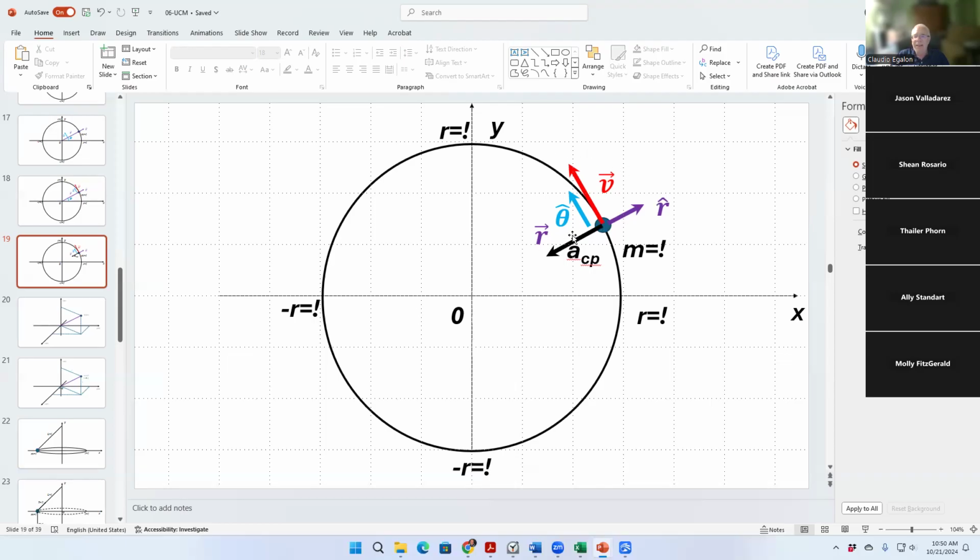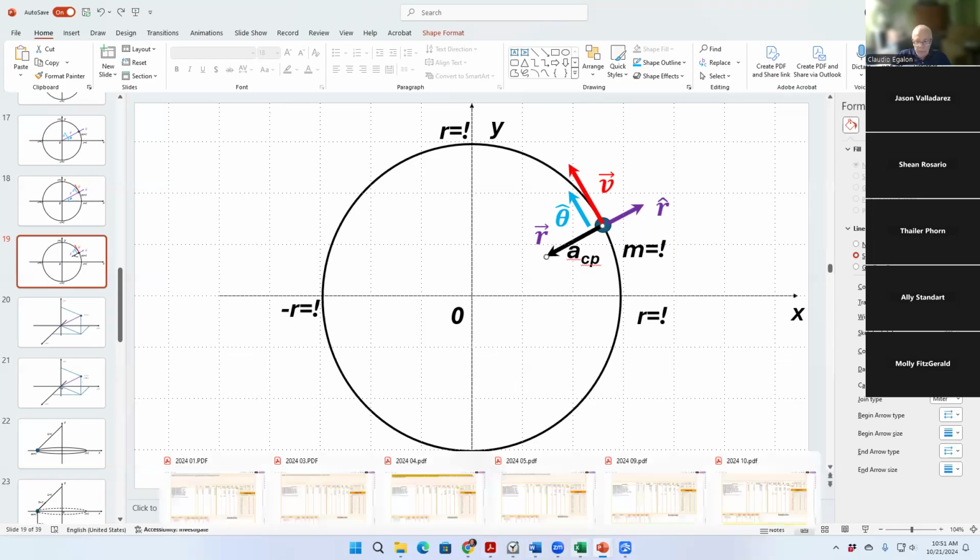If the velocity doesn't change in magnitude, the acceleration must be perpendicular to the velocity vector. However, if the velocity were to change in magnitude, the acceleration vector would have a component parallel to the velocity vector. Make sense? Okay? Let me go back here. I'm going to write that down for you in the notes.